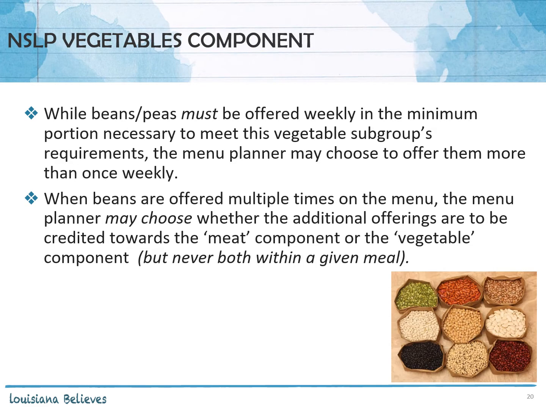While beans and peas must be offered weekly in the minimum portion necessary to meet the vegetable subgroup requirement, the menu planner may choose to offer them more frequently. When beans and peas are offered multiple times, the menu planner may choose whether the additional offerings are to be credited towards meat or vegetable, but never both within a given meal.